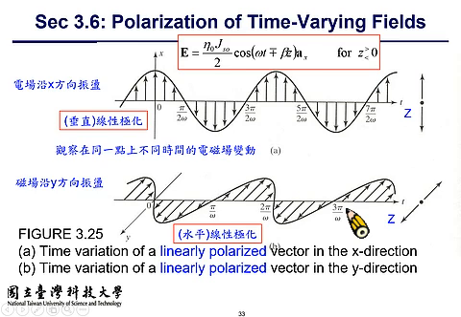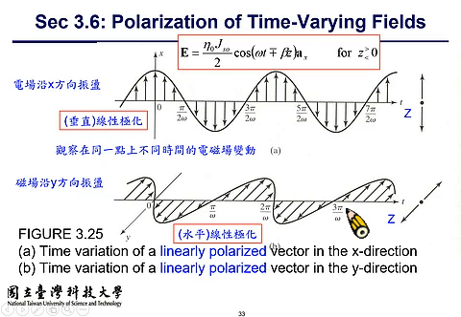And you end up with the magnetic field intensity description, as we have shown in section 3.5. So if the propagating direction is the z direction, z cross E, which is in the x direction, z cross x, ends up with the field in the y direction.